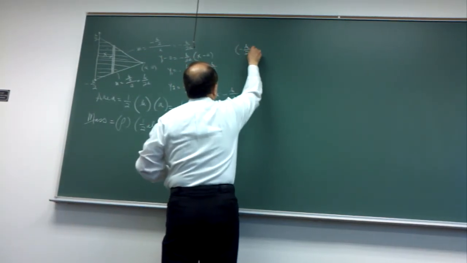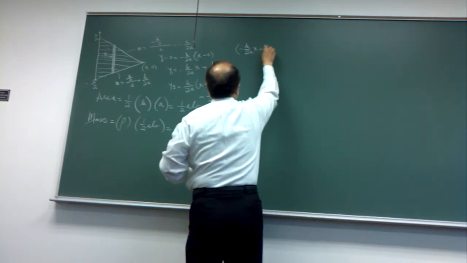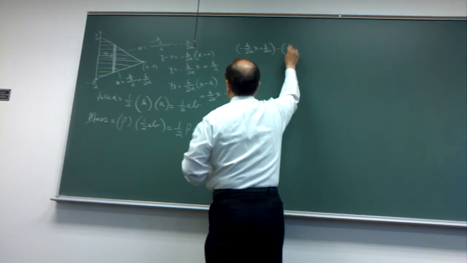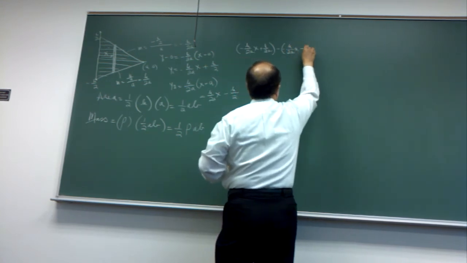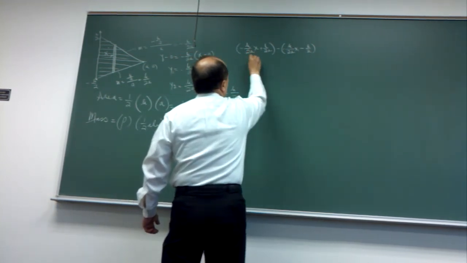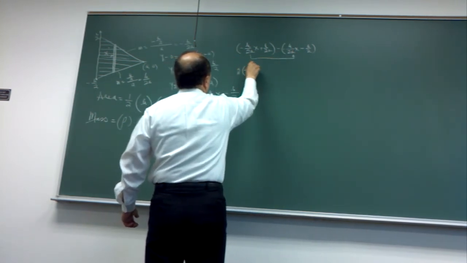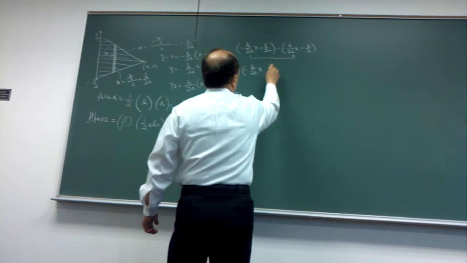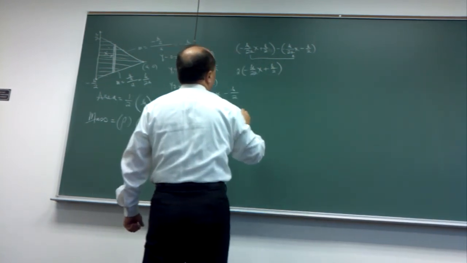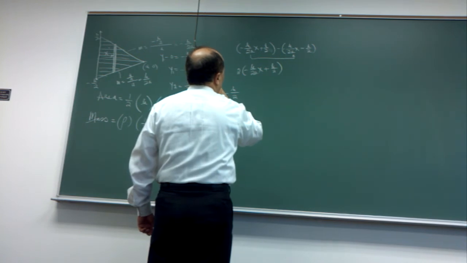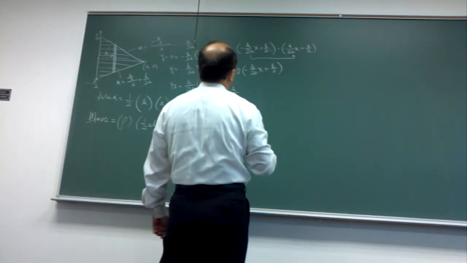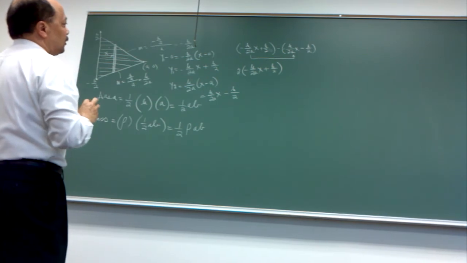Negative b over 2a x plus b over 2 minus negative b over 2a x minus b over 2, which will give us 2 times, if you add these two, it'll be 2 times negative b over 2a x plus b over 2, or the 2's will cancel out, and we get, am I good so far?